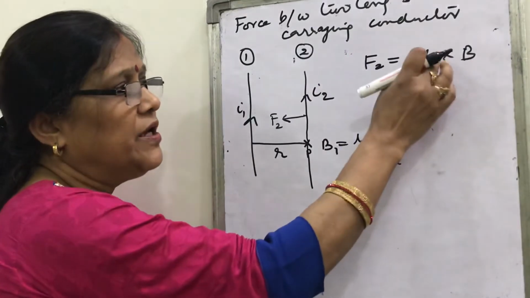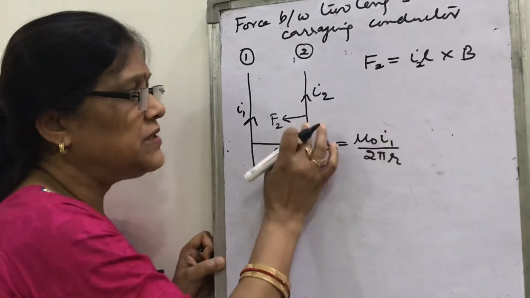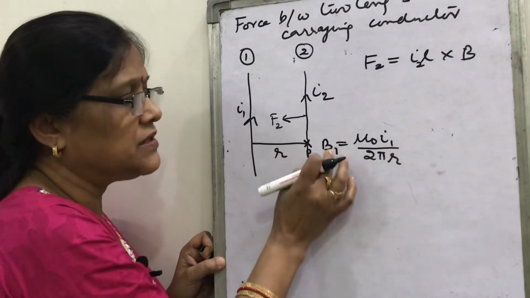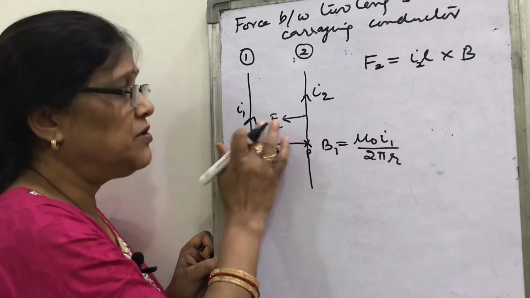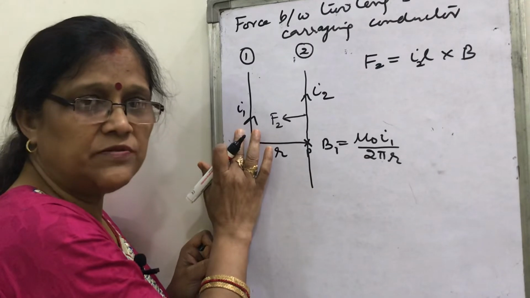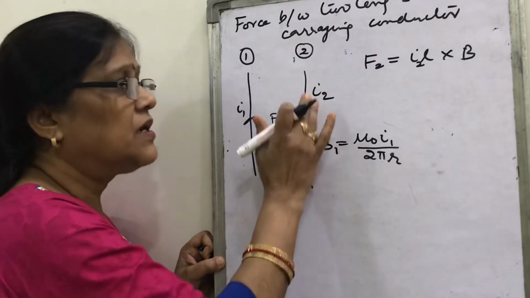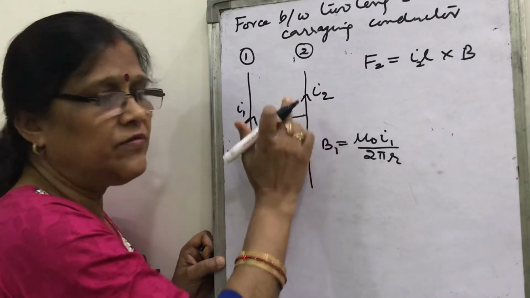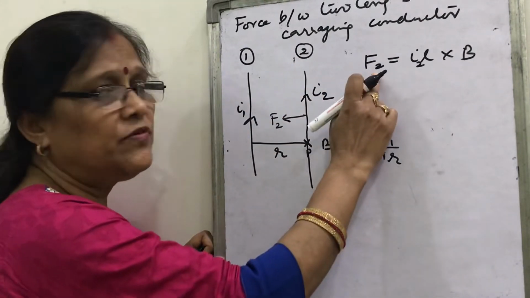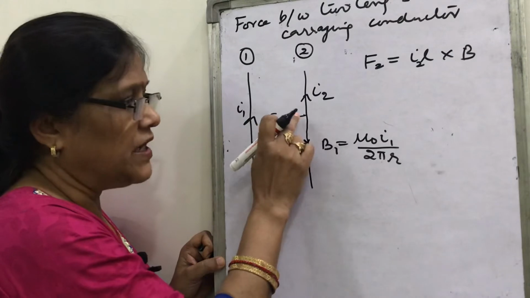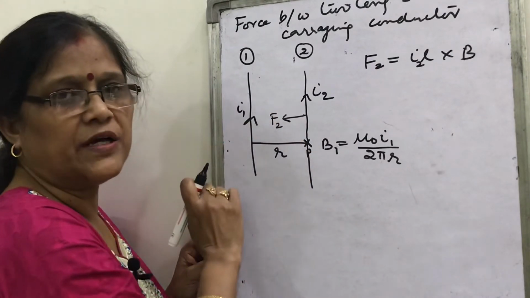And what is B? In which magnetic field is F2 acting on the second wire? This is B1. So listen again, B1 is the field produced due to the first current carrying conductor, and in this B1 the second current carrying conductor is placed having current I2. So this is the force acting on this wire, and the direction of force is towards the first wire.